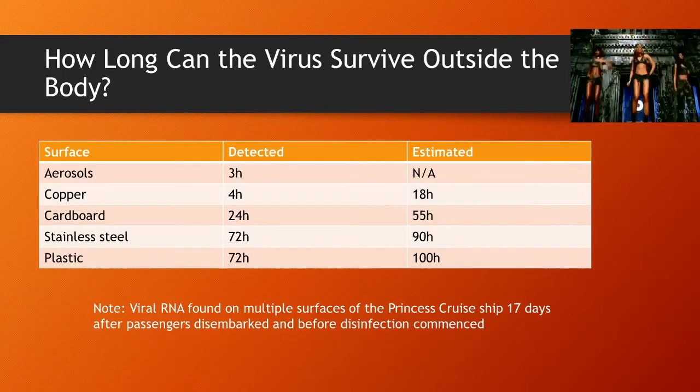Note that viral RNA was found in multiple surfaces of the Princess cruise ship 17 days after passengers disembarked and before disinfection commenced. In this case, they didn't test for viable viruses. They only tested for the presence of RNA. So it could be just fragments, or attenuated viruses that are no longer infectious, dead viruses in the environment, but they found it on quite a few surfaces. I've worked with RNA before, in an RNA lab, and I can tell you that RNA is typically very fragile and degrades very quickly.